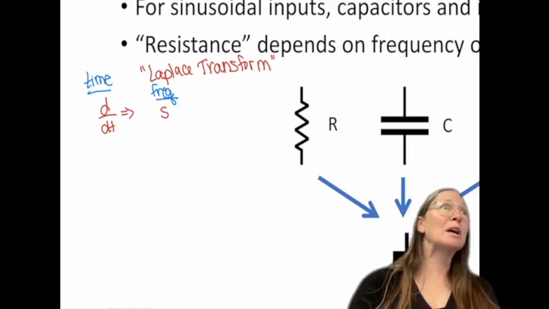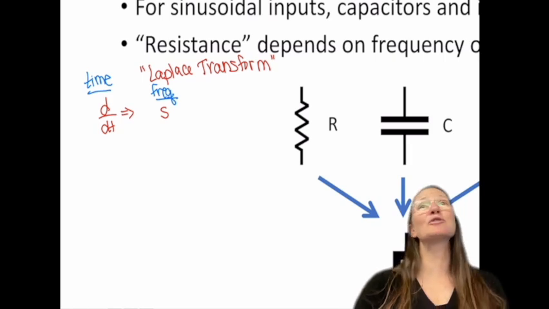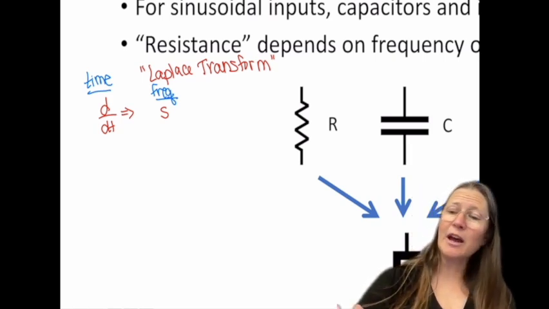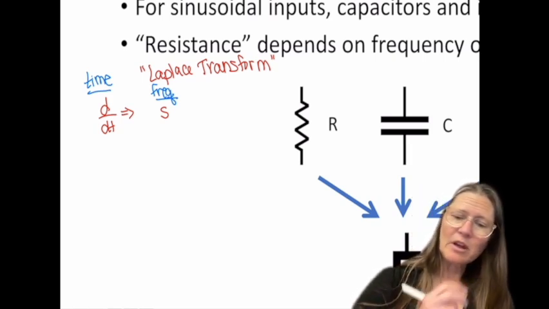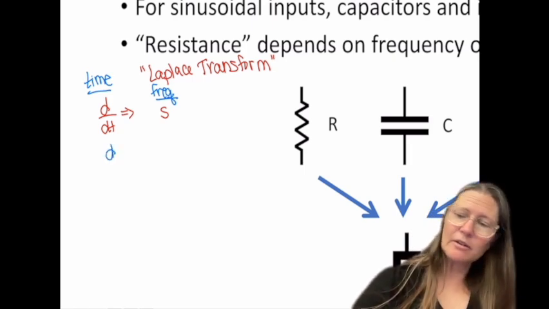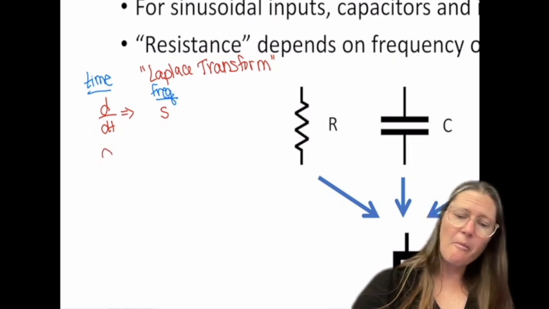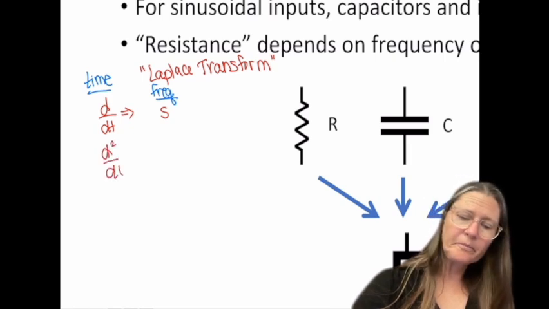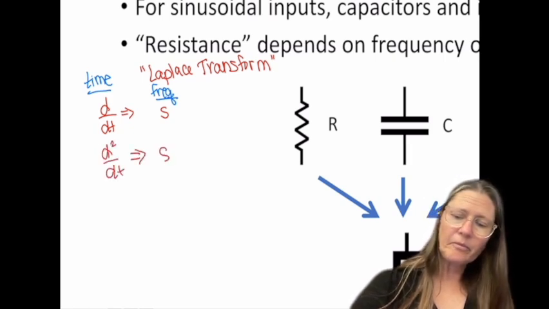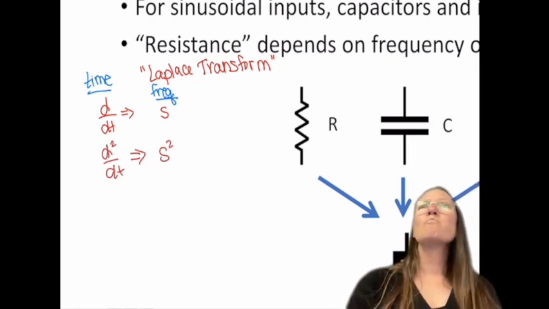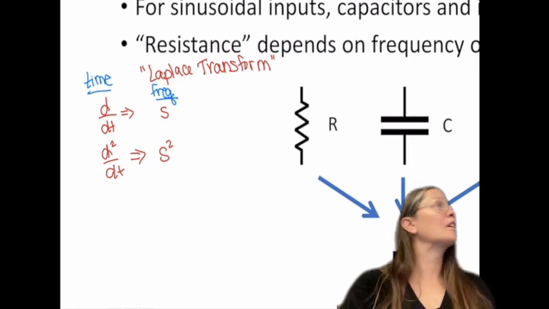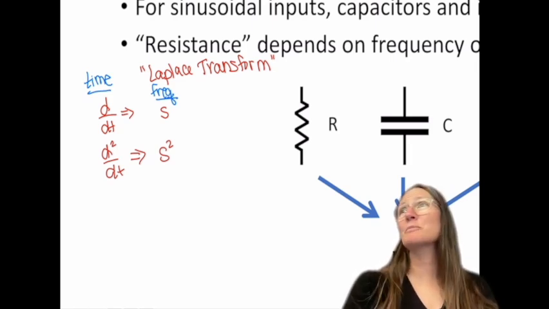I can multiply by s, I can divide by s, I can square s. So if I have a second order differential, it becomes s squared.